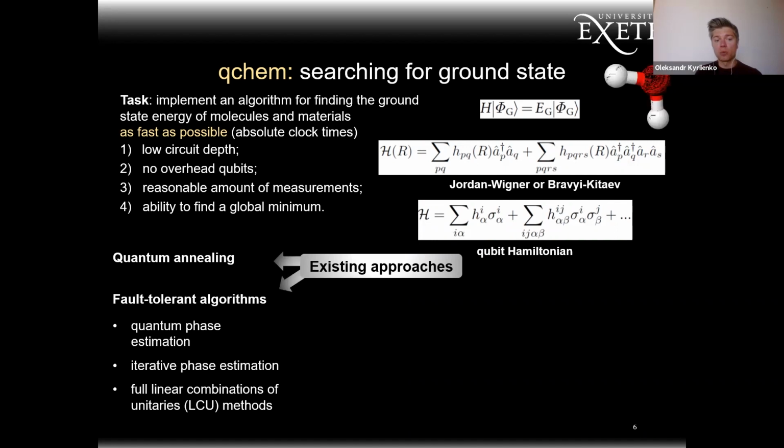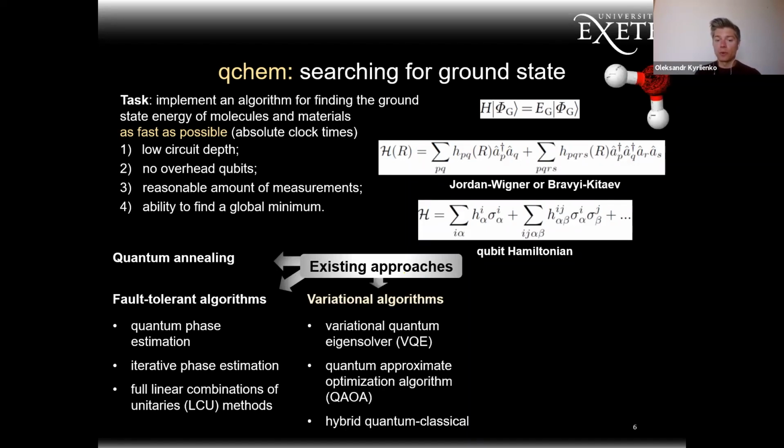One option is actually quantum annealing, even though it's not considered often, but the scaling is pretty bad, so you need to wait a lot to prepare the ground state. Fault-tolerant algorithms like quantum phase estimation and different variants are usually very efficient but require large depths. And there are variational protocols, variational quantum eigensolver and QAOA, different ansatz that in hybrid quantum classical fashion prepare the ground state.